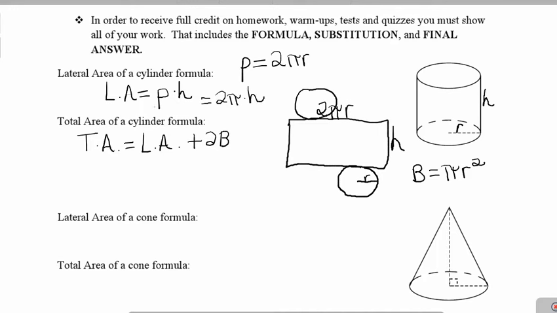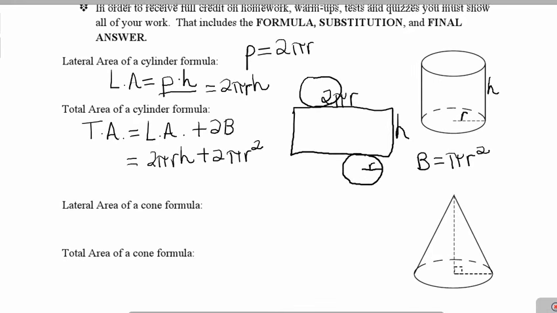I think it's easier to go with this formula because then it's the same as the formula for a prism. And then you could also think of the total area formula as 2 pi r h, oops, sorry, I forgot the r up here, plus 2 times the area of the base, which is pi times the radius squared. So that's another way of thinking of those formulas.